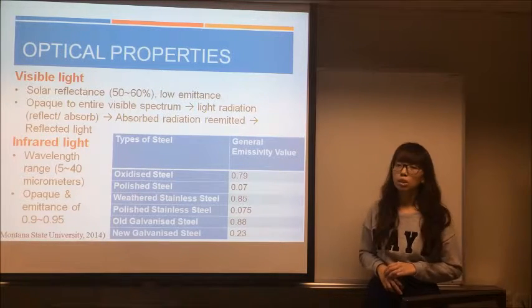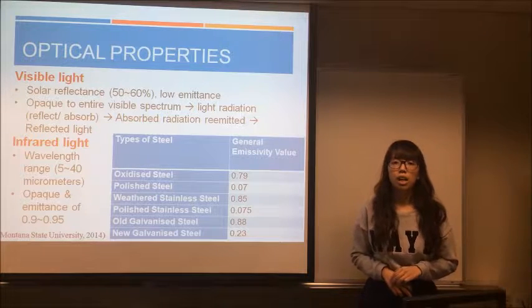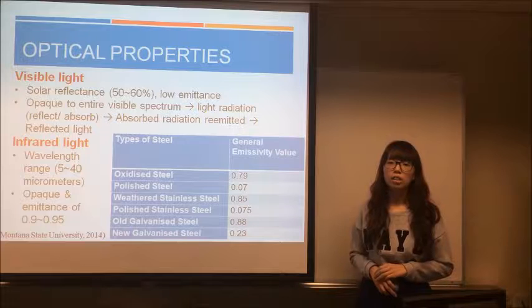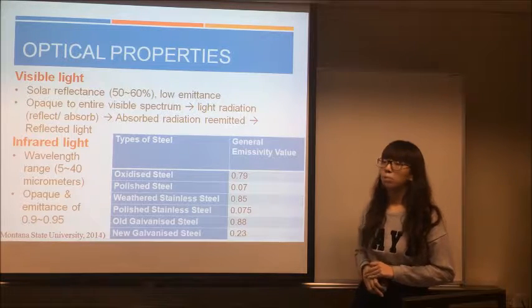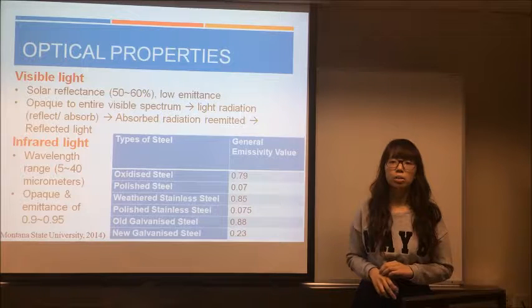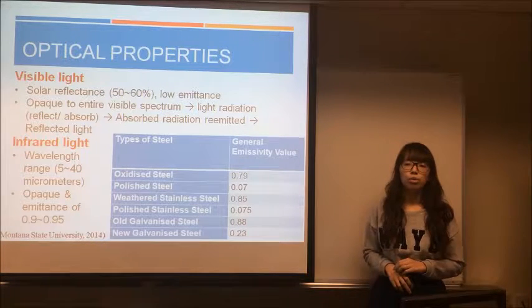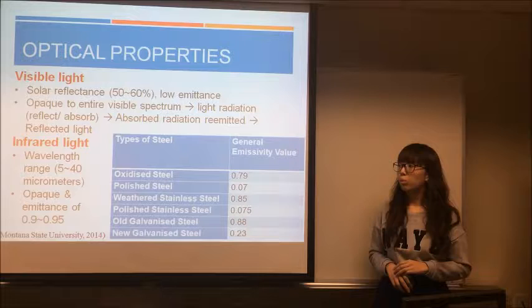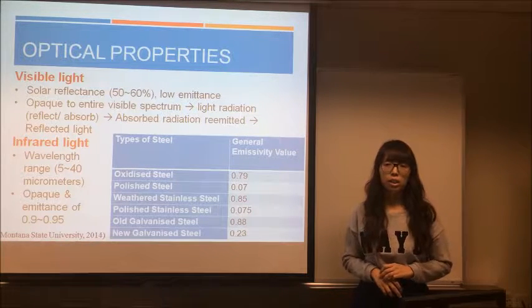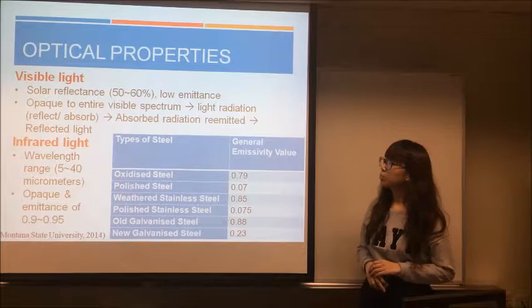Furthermore, the steel is opaque throughout the entire visible spectrum, and the light radiation is either reflected or absorbed. However, the absorbed radiation is re-emitted from the surface in the form of visible light of the same wavelength, which appears as the reflected light.